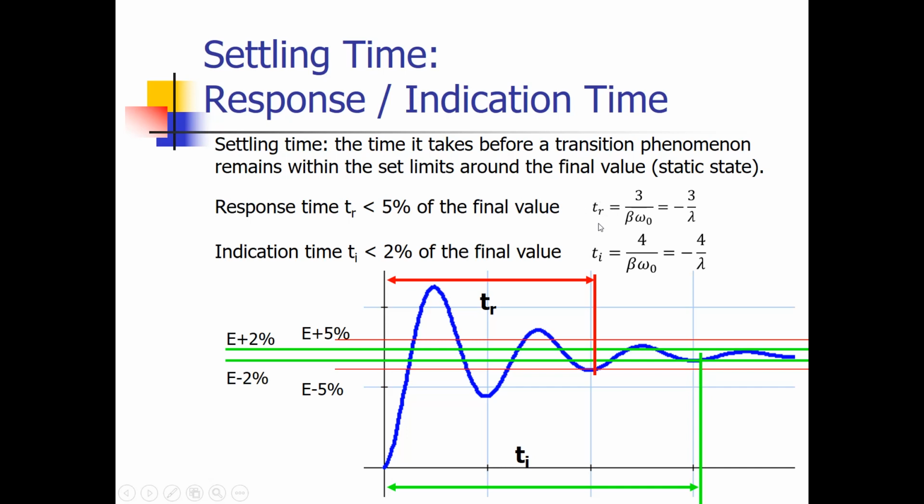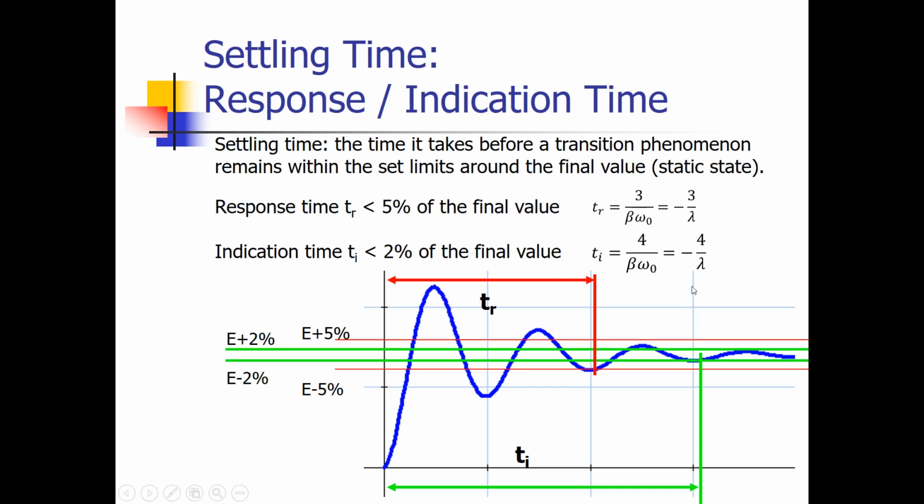So you know how long it takes before the oscillation ends. And you can also calculate the indication time, because that indication time is minus 4 over lambda, so minus 4 over the absolute value of the real part of my pole.